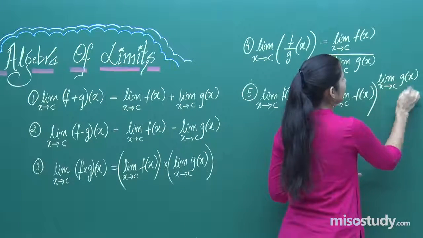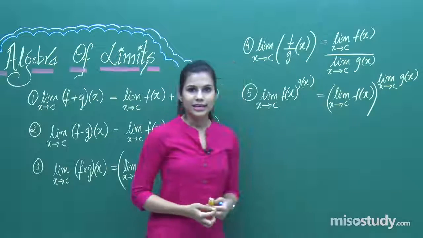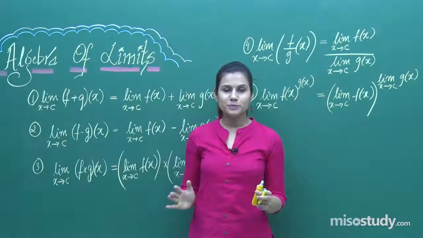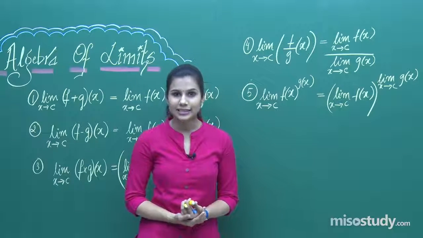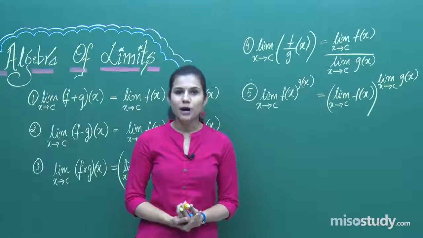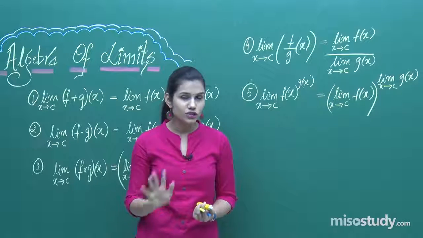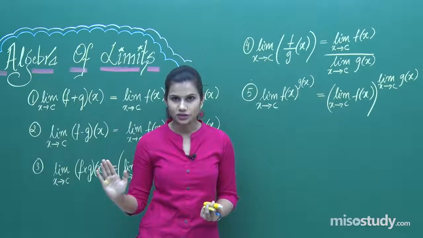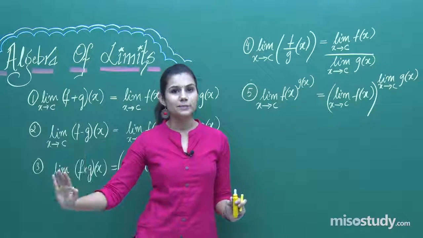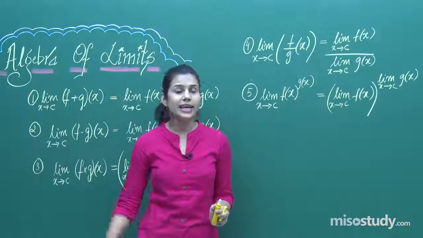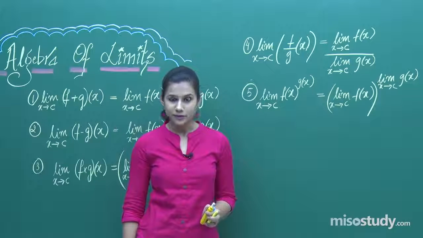That means one thing which is being portrayed distinctly through these 5 properties: just make me aware of the limiting behavior of the two individual functions involved in the algebraic combination, and I will give you the limiting behavior of any algebraic combination of them, right?